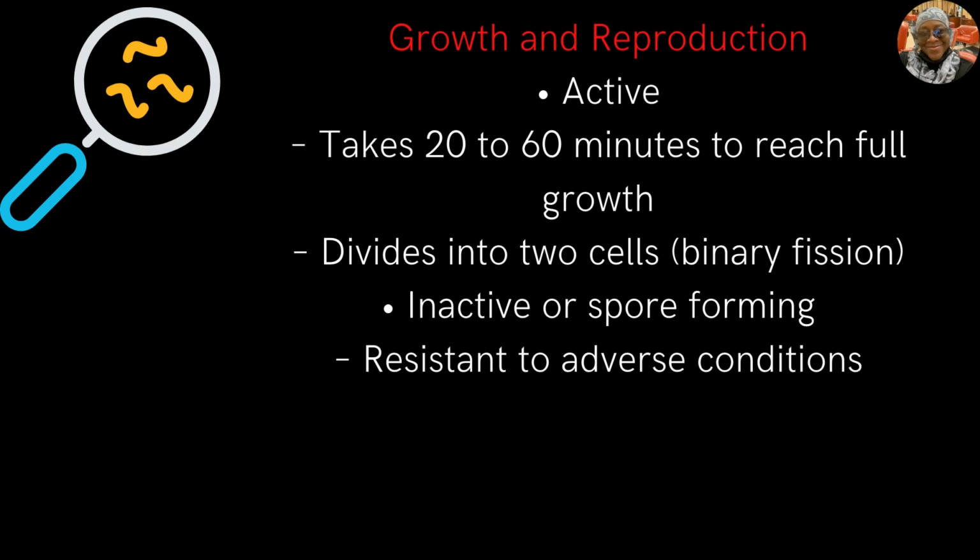Growth and reproduction. We have the active phase of a bacterium, which means they can grow, and that could take anywhere between 20 to 60 minutes to reach their full growth potential. Then they will divide into two cells called binary fission. Then we deal with when it's inactive or spore-forming, meaning that the bacterium is resistant to adverse conditions.